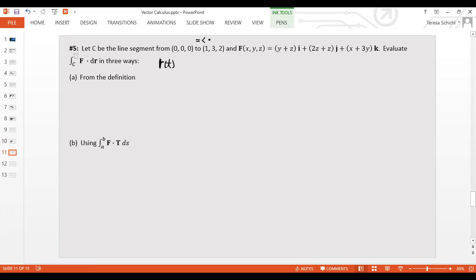So what is the direction vector? It's (1, 3, 2), so 1 minus 0, 3 minus 0, 2 minus 0. Then you can choose a point, I choose (0, 0, 0).